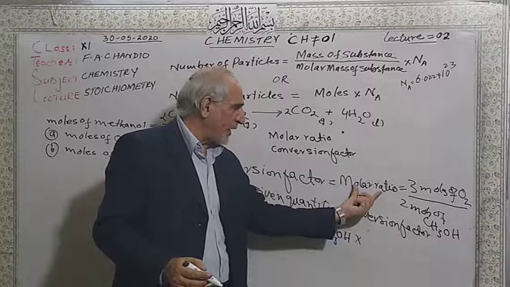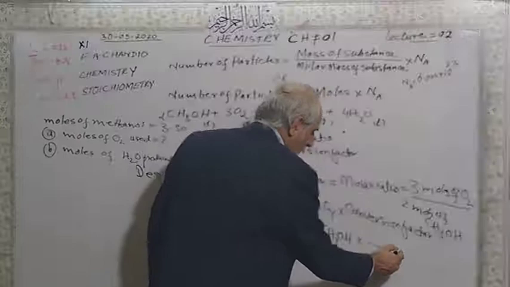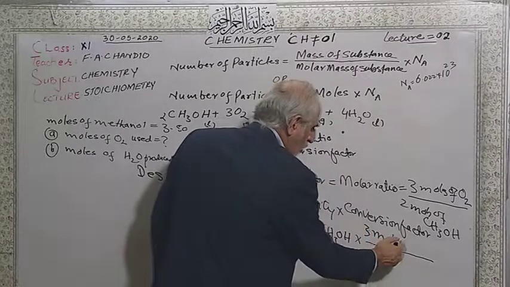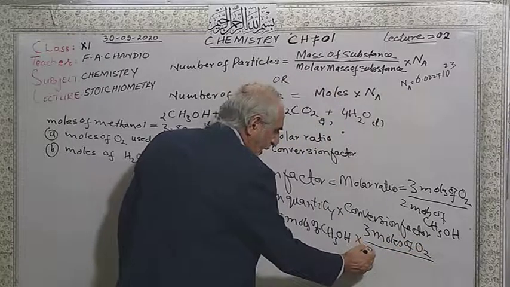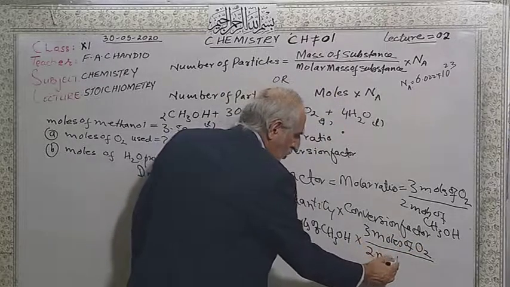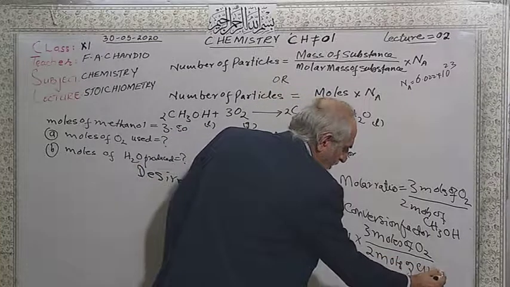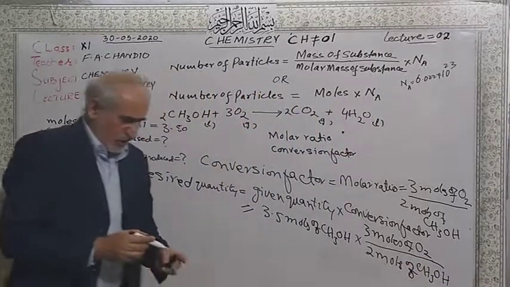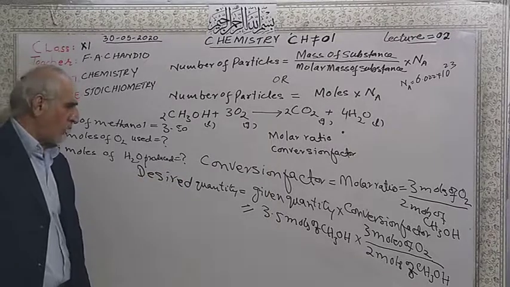So conversion factor according to mole ratio is 3 moles of oxygen divided by 2 moles of methanol. Now this is the whole formula for you.